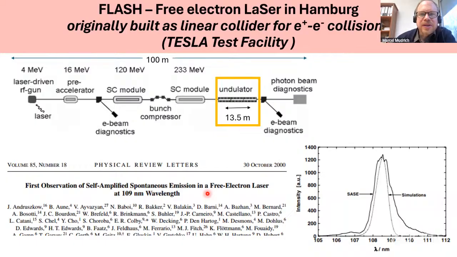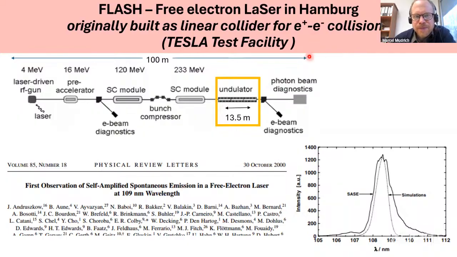An interesting fun fact is that this whole facility, this linear accelerator and undulator, was actually not built to be a free electron laser. It was built as a test facility to test new accelerator technology for, at the time, particle physics experiments. At that time, DESY was still a particle physics institute.